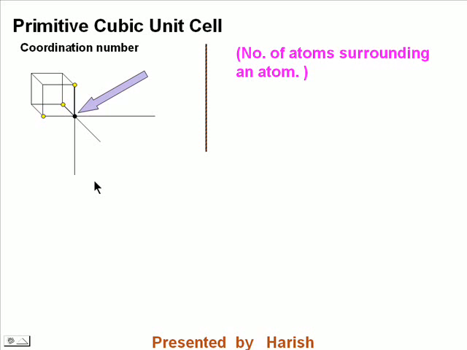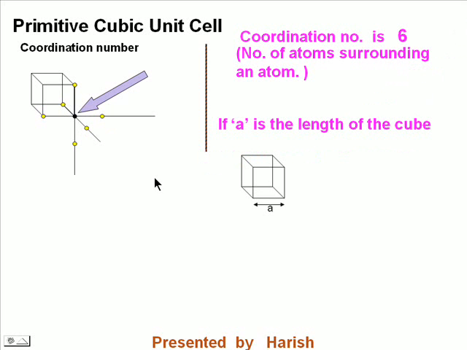Let's see that. Let me extend these coordinates. I have 3 more which are at a distance of a. Though these 3 are not in this particular unit cell, they belong to some other unit cell, still they are at a distance of a from this black atom. So coordination number is 6.